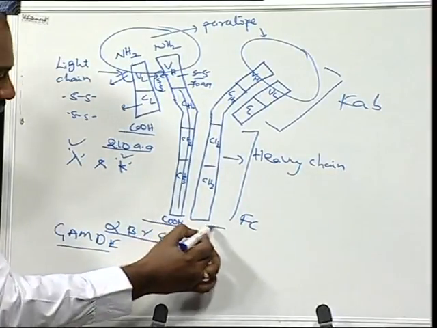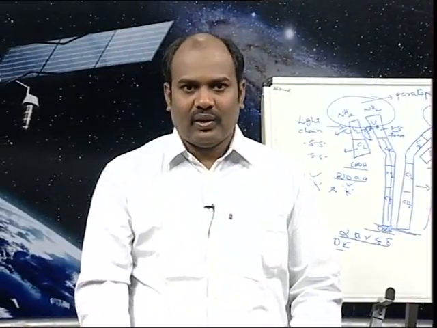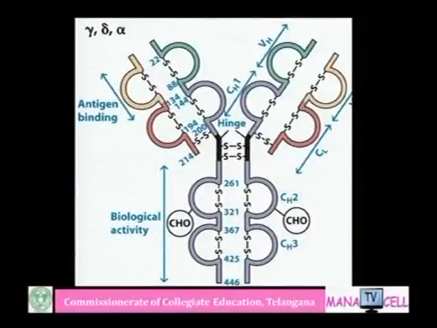So, this fragment of crystallization is involved in the different types of effector functions inside the cells. Okay. These are some of the intradisulfide bonds, followed by the interdisulfide bonds.